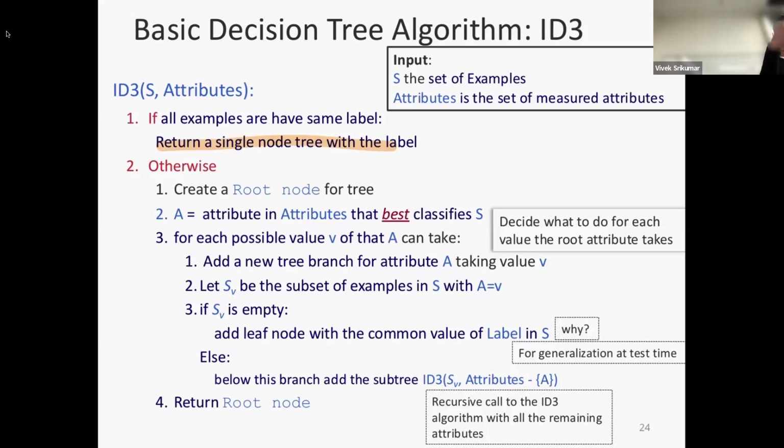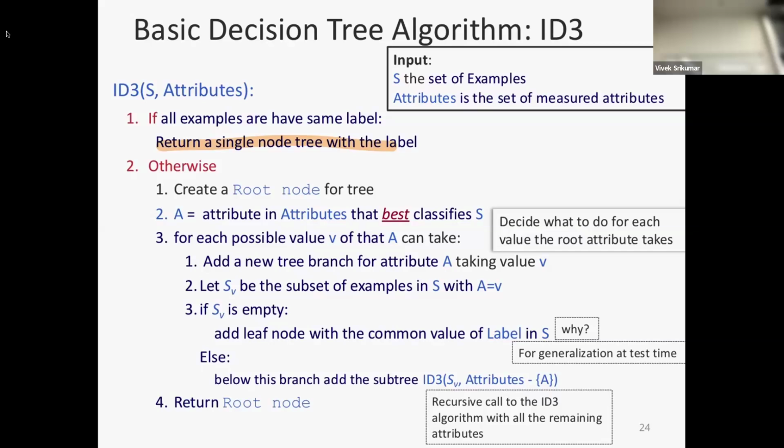Otherwise, you need to actually grow a tree. And the idea is intuitive once you start thinking about it. If you want to build a tree procedurally, you need to construct the root, and you need to somehow recursively construct all the children of that root node. In a decision tree, every inner node corresponds to a feature, a test for a certain feature.